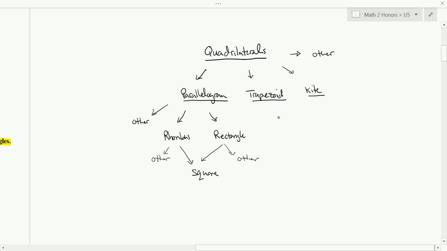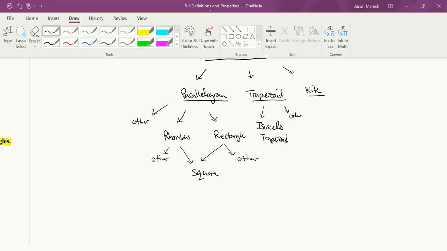If it's a trapezoid, it could be an isosceles trapezoid, or just a trapezoid. And if it's a kite, it's a kite. We're not going to go any more specific than that.